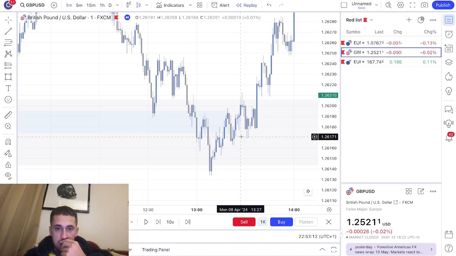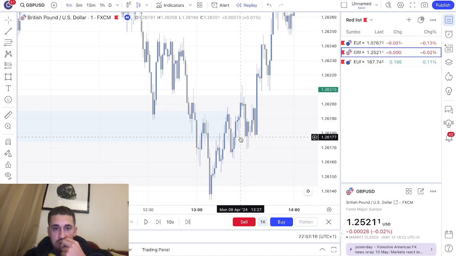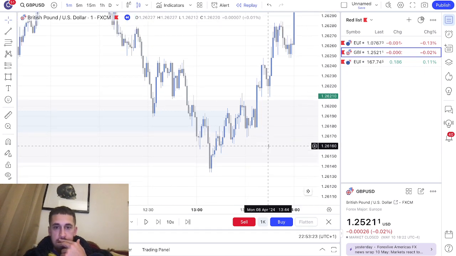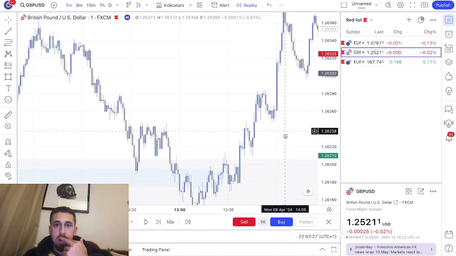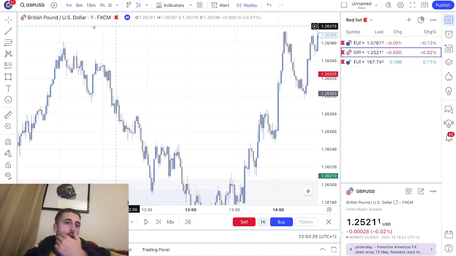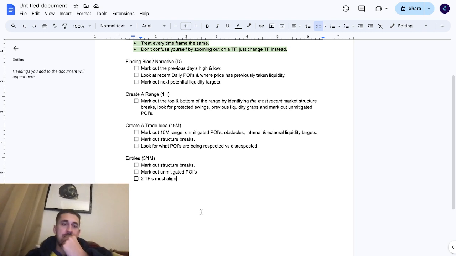Break. That could have been it. Yeah, that could have been it, to be honest. We're gonna ride that right to the top. So the entry is what? Two time frames must align.